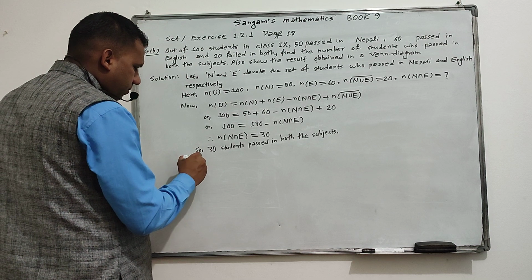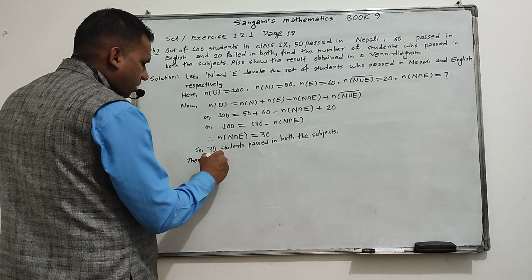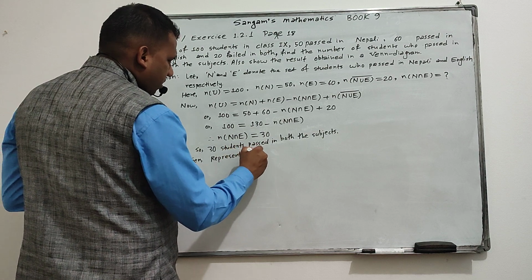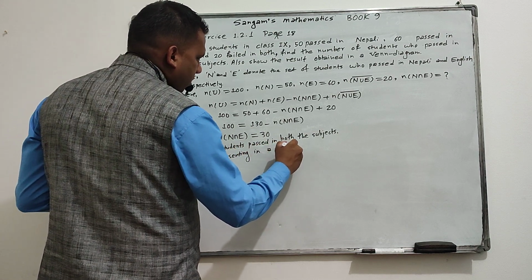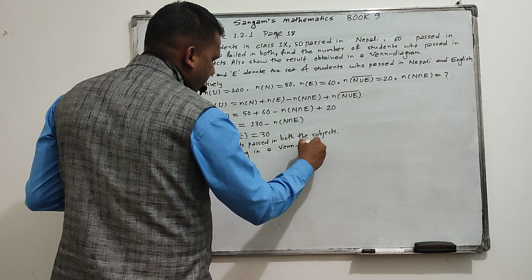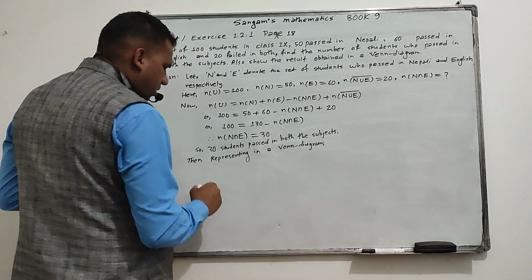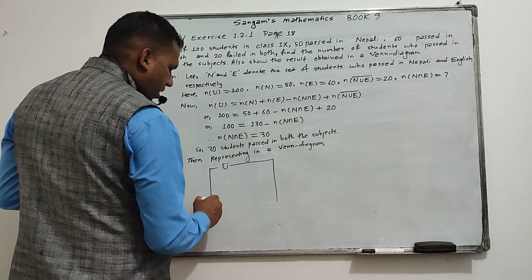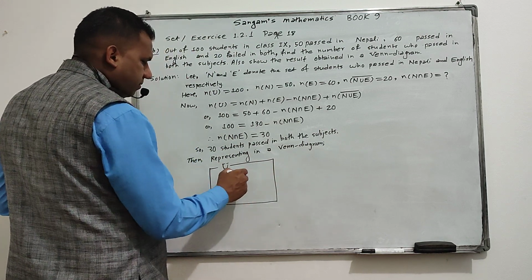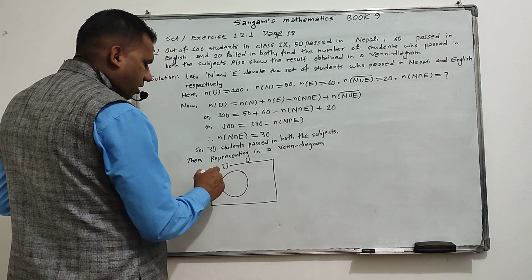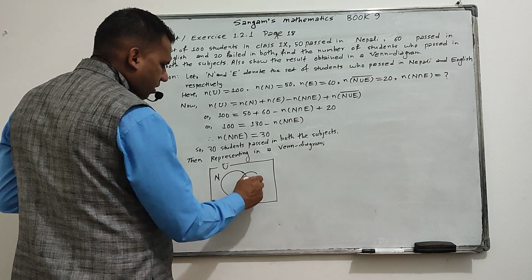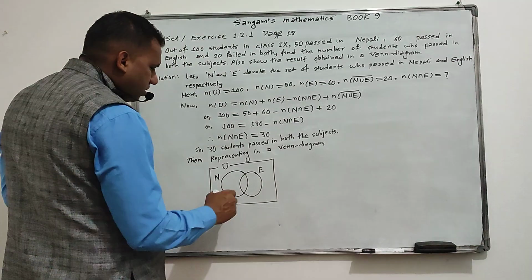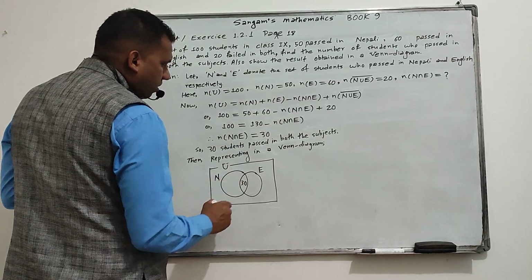Then, representing in a Venn diagram, here we need the universal set U, and its two subsets are N and E, Nepali and English. The intersection data is 30, you have to put it over here.